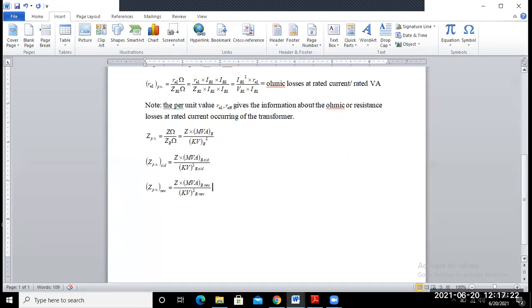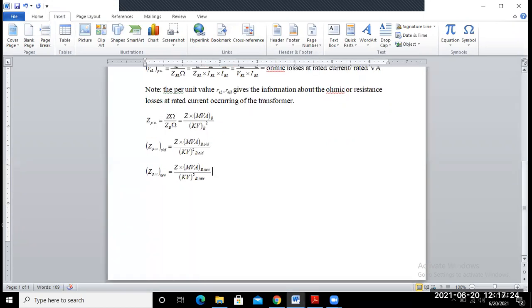So how can we find the impedance value in per unit of new? We already have the value of Z per unit in old, that means Z in MVA old divided by kilovolt base old, and if the new base MVA and new kilovolt base are given to you, then you can find the Z per unit impedance value in new.